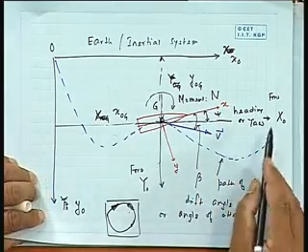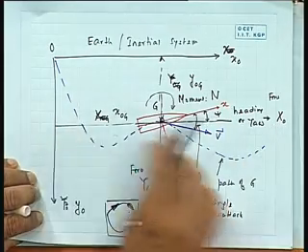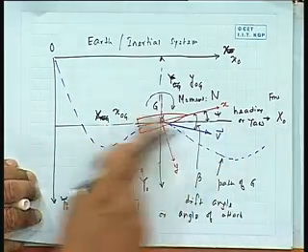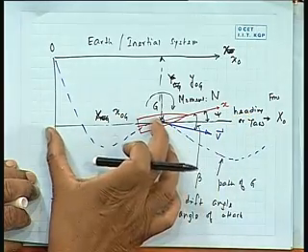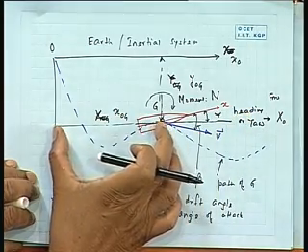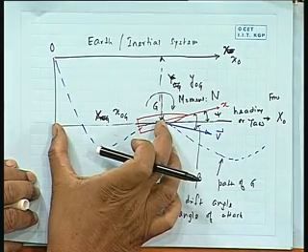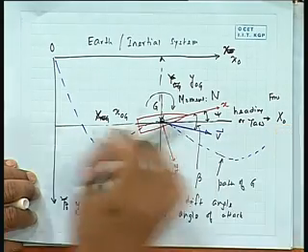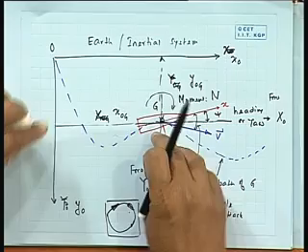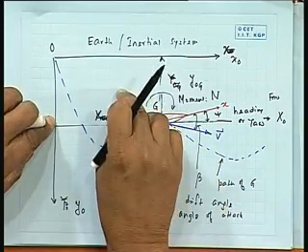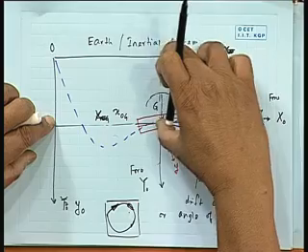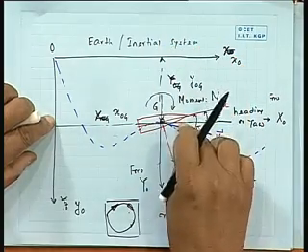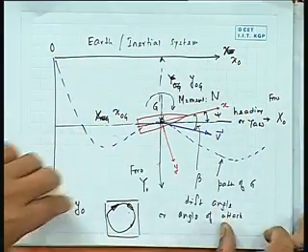Now, why am I writing that? You see X0 is my force in this direction, and should be equal to mass into acceleration in this direction. What is the acceleration in this direction? It is the double derivative of this distance. So, I can write X0 equal to m into x_OG double dot, Y0 equal to m into y_OG double dot, and N equal to I into psi double dot.